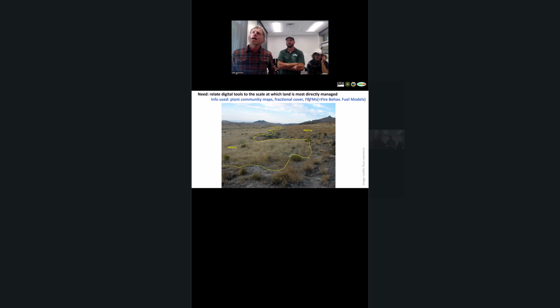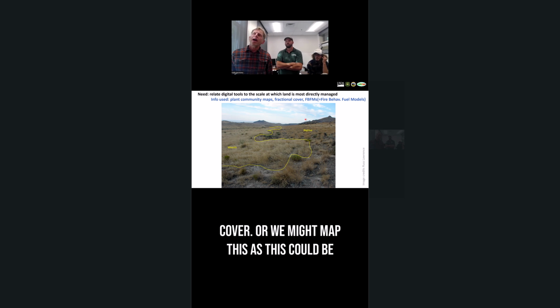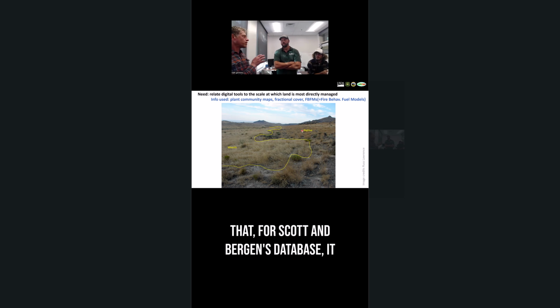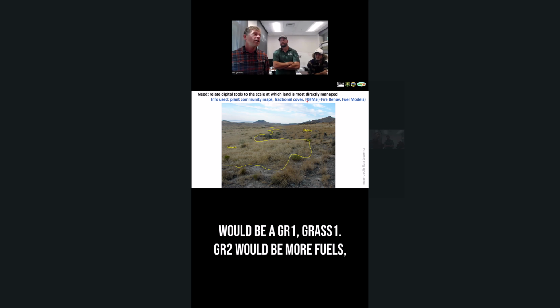So fractional cover. Or this could be mapped as what's known as a fire behavior fuel model, and this could be mapped as a low load semi-arid grassland. And the code for that for Scott and Burgan's database of FBFMs would be a GR1, grass 1.